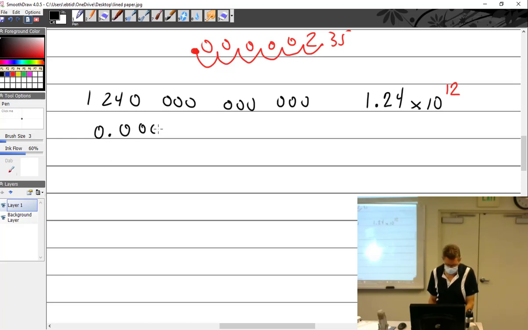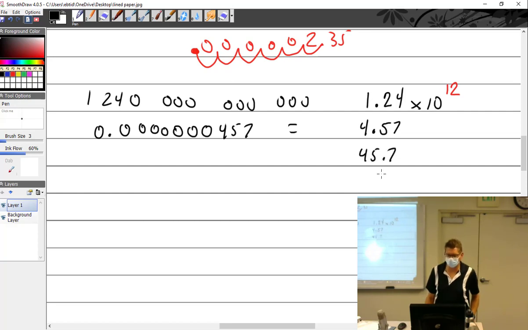0.000000457 equals what? What's my base number? 4.57. Well, how about 45.7? Can I do that? No, I can't, because it's got to be a number between 1 and 9, which means you have one number over here.